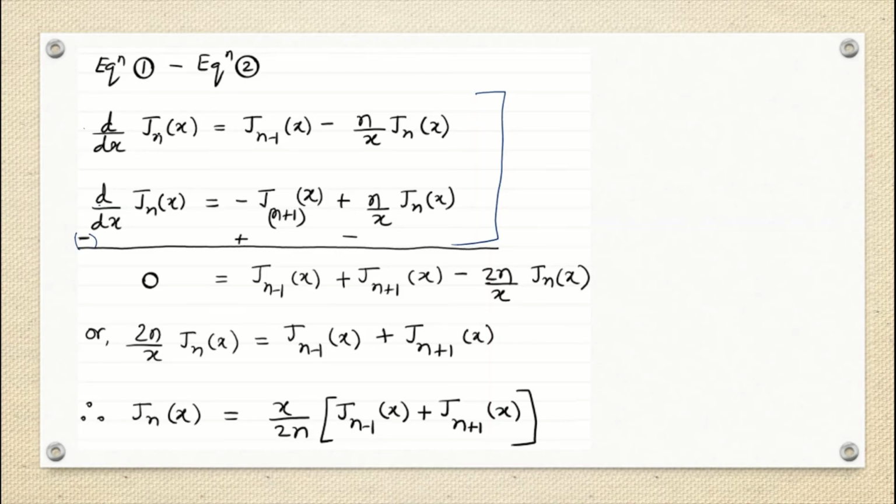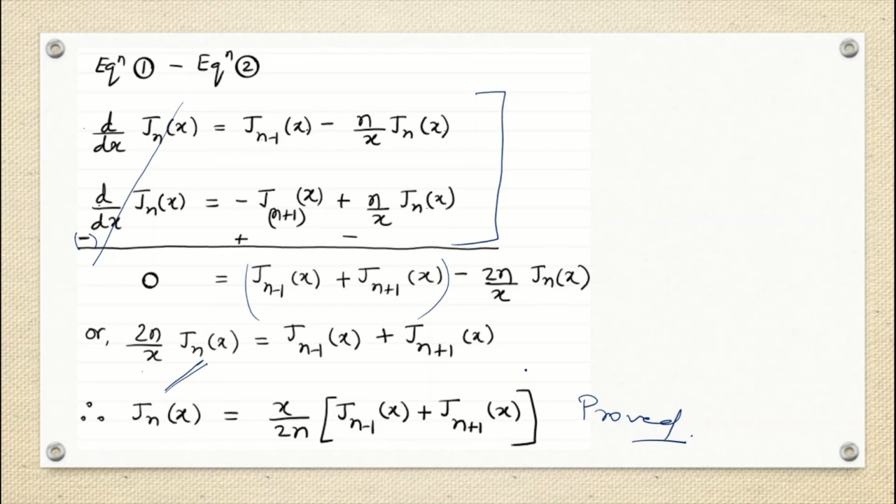On the right hand side, we have J n minus 1 x, then subtracting gives plus J n plus 1 x, and minus n by x J n x minus n by x J n x gives minus 2n by x J n x. Taking this to the left hand side, 2n by x J n x is equal to J n minus 1 x plus J n plus 1 x. So finally J n x is equal to x by 2n into J n minus 1 x plus J n plus 1 x.